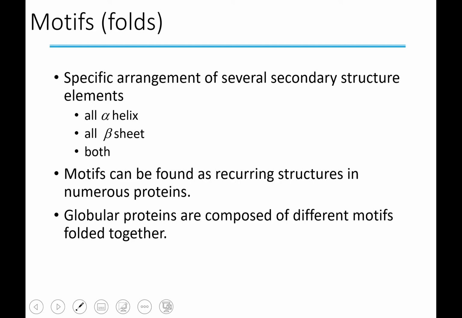Globular proteins have a specific arrangement of usually several secondary structure elements, either alpha helix, beta sheet, or typically a combination of both.